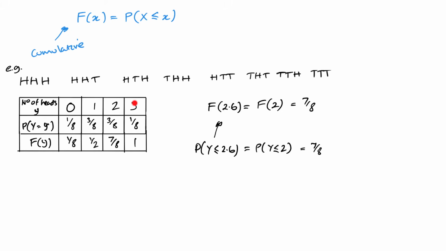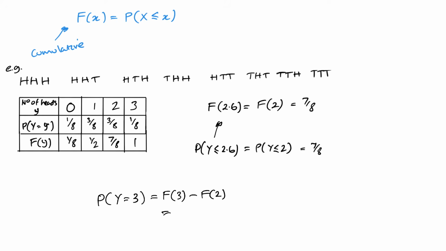Because if I just wanted to find, say, the probability when y equals 3, it's the same as the cumulative up to and including 3, so less than or equal to 3, minus less than or equal to 2.